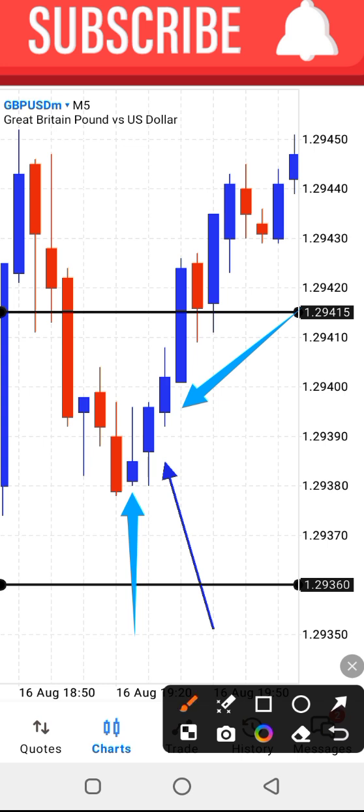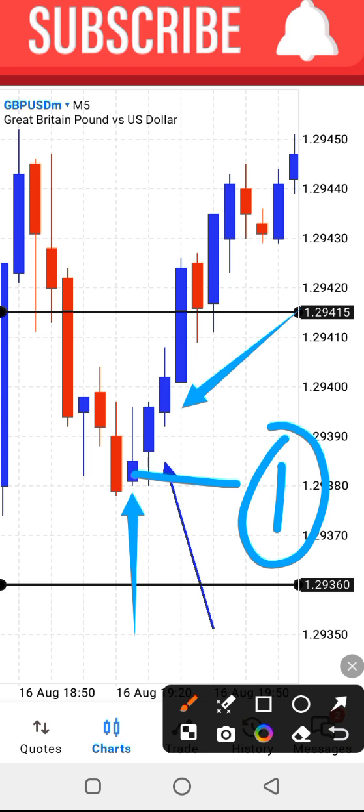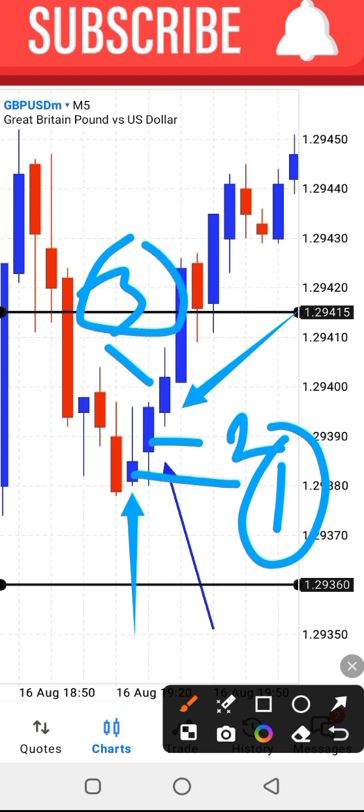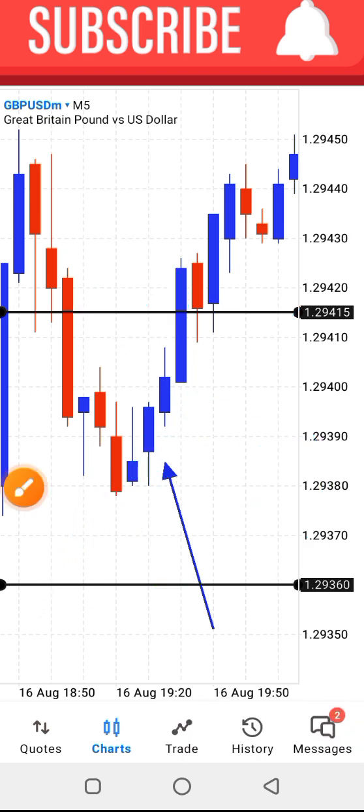This right here is candle number one, this is candle number two, while this one is candle number three. You would notice that the wick of candle number one intersects or touches the wick of candle number three, which is not supposed to be if you're dealing with the conventional fair value gap.